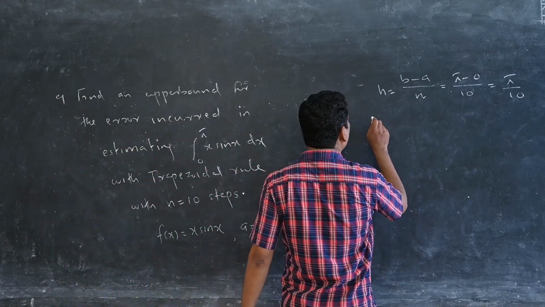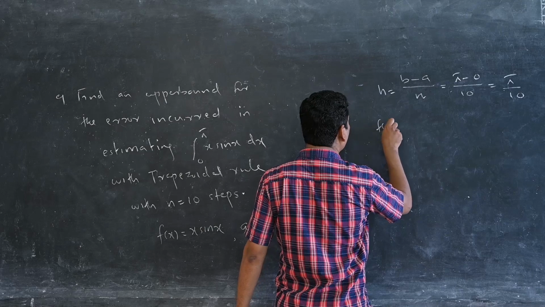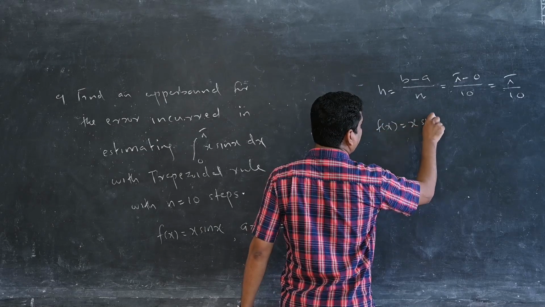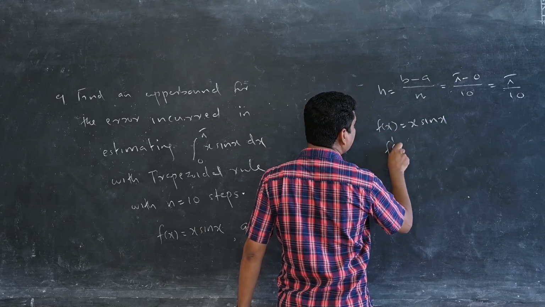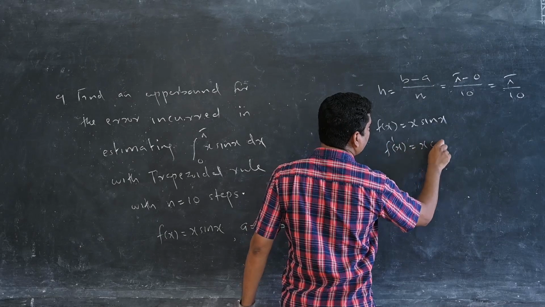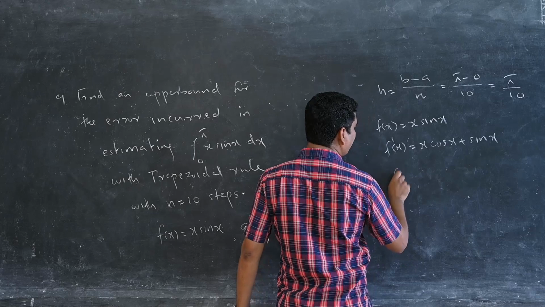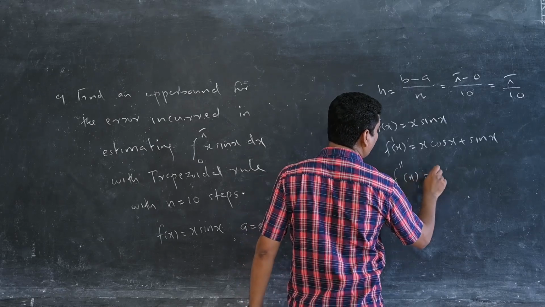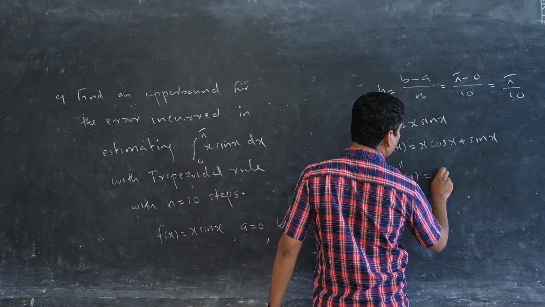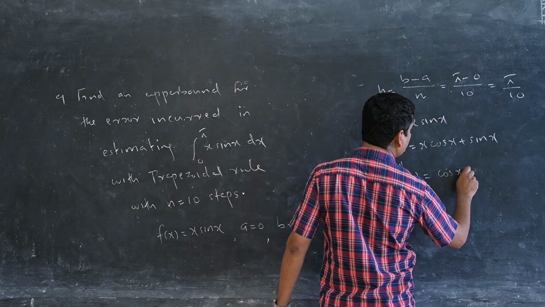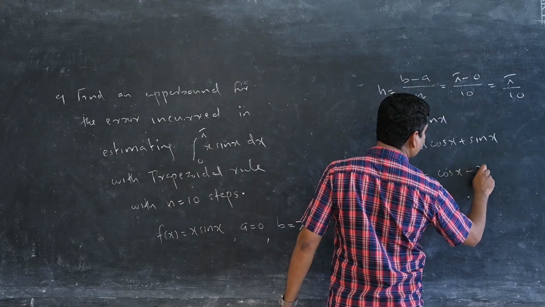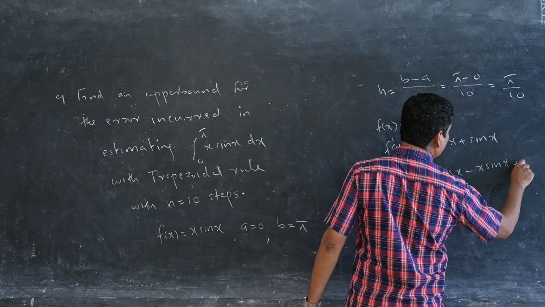Now f of x is equal to x sin x. F derivative x is equal to x cos x plus sin x. F second derivative x is equal to cos x minus x sin x plus cos x.